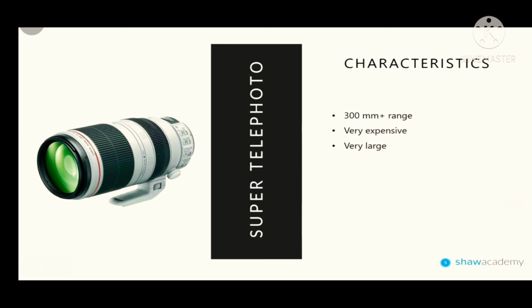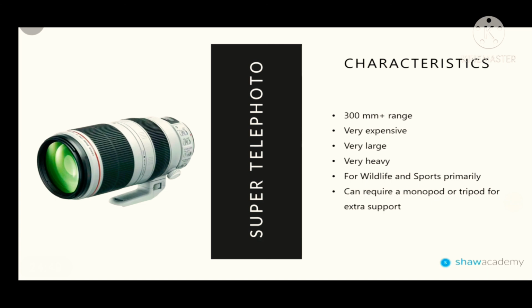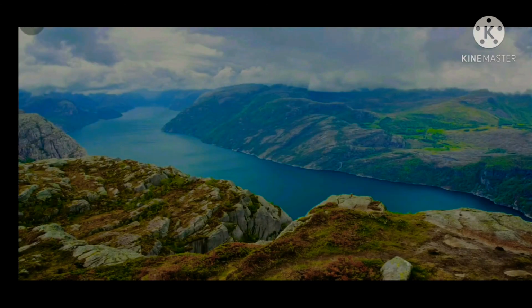You'll see sports photographers with these gigantic lenses. They're typically a super telephoto range. They're also very, very heavy, so you'd be using a monopod with them as well to try and keep them nice and steady. Really for wildlife and sports photography primarily, although you'll see paparazzi using them, of course, as well, and will require a monopod and a tripod for extra support.